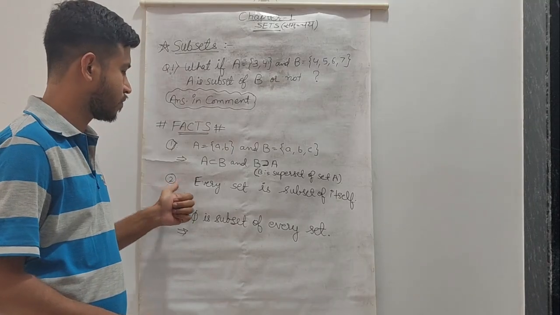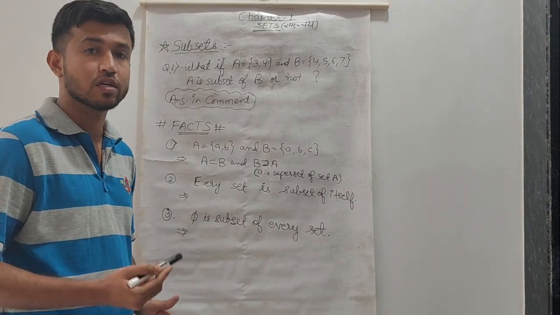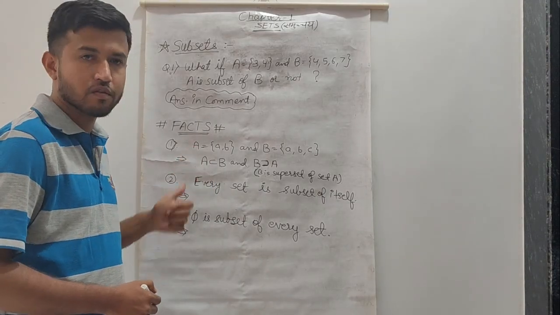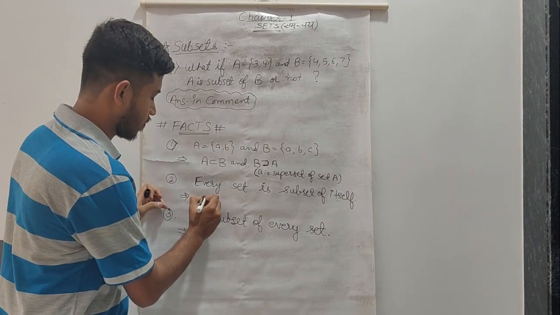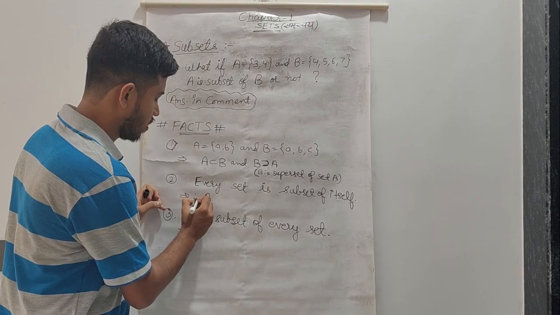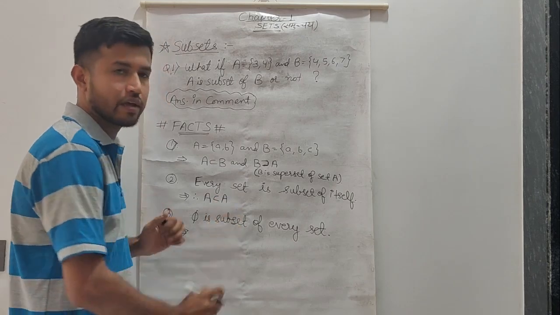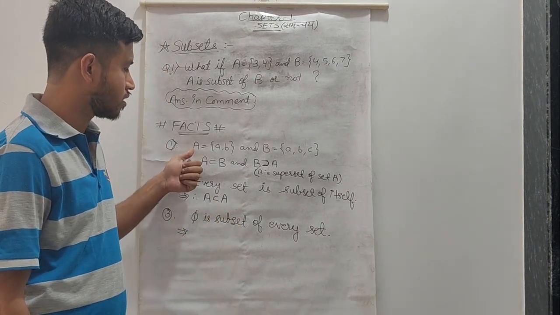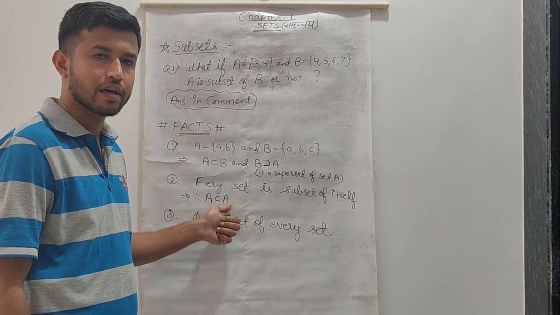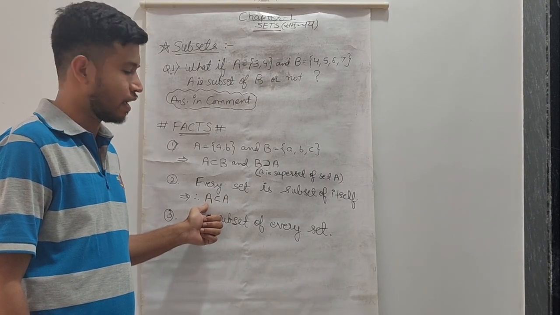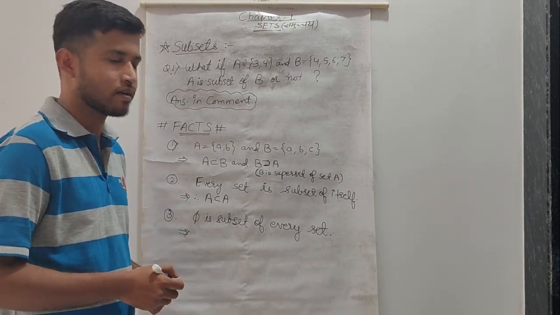Second fact, every set is a subset of itself. What does it mean? Here we can take this set A with elements a and b. It simply says A is a subset of A. A has 2 elements and this set A also has 2 elements, so A is a subset of A. But which subset, proper or improper?